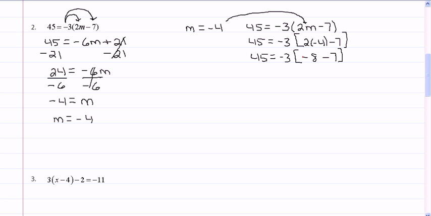So we keep the sign of the 8 as negative, change the subtraction sign to addition, and change the sign of the 7 to a negative, so that we're actually adding -8 plus -7. -8 plus -7 is -15.